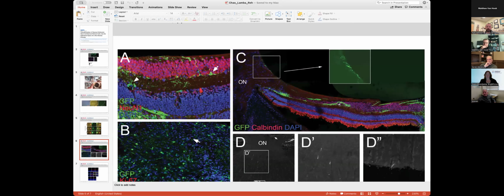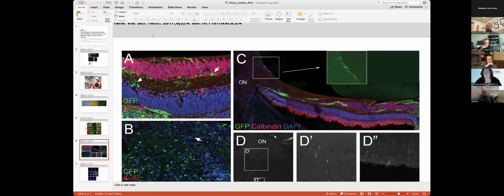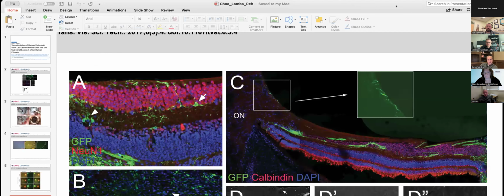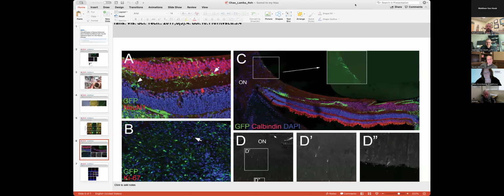These were axons growing through the parenchyma of the retina, but basically not in the optic nerve fiber layer, but through the plexiform layer. So I'll just end there, but my point is that it may be that we're going to the right place, but not necessarily through the same route.